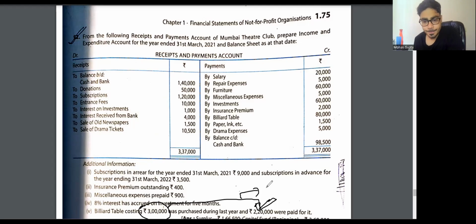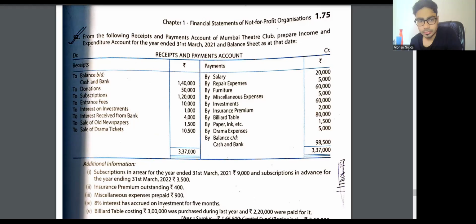So left is 80,000. And we paid that 80,000 in the current year. Still, we don't have to do anything in the income and expenditure account. No, we don't have to write 80,000.